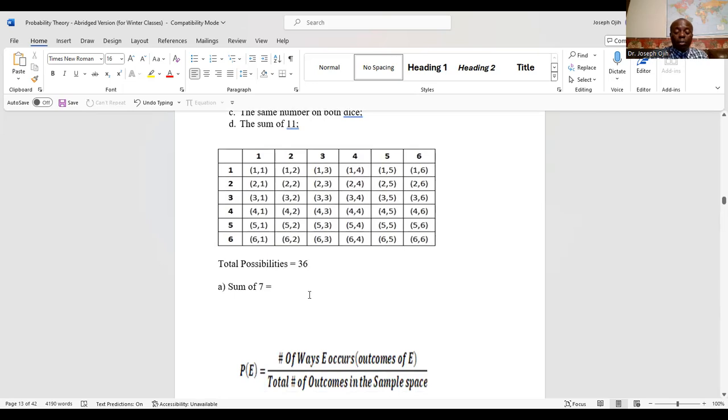So the outcomes will be 6, 1, which gives us 7, then 5, 2, next 4, 3, and then 3, 4.